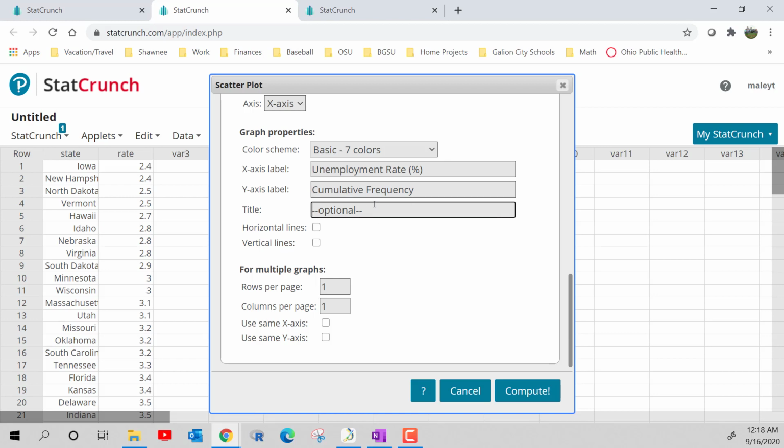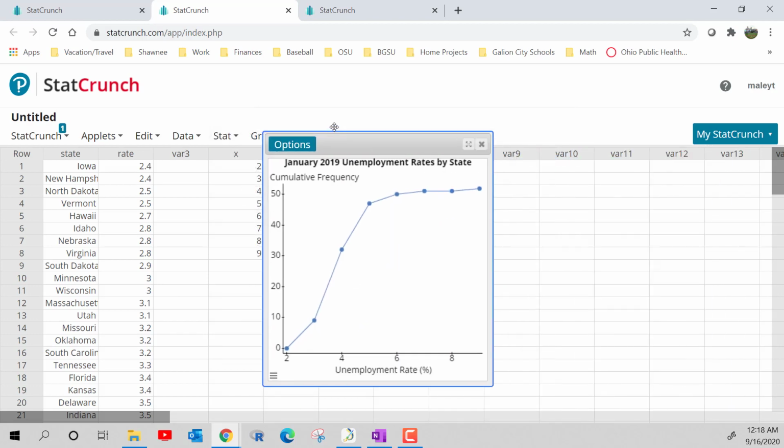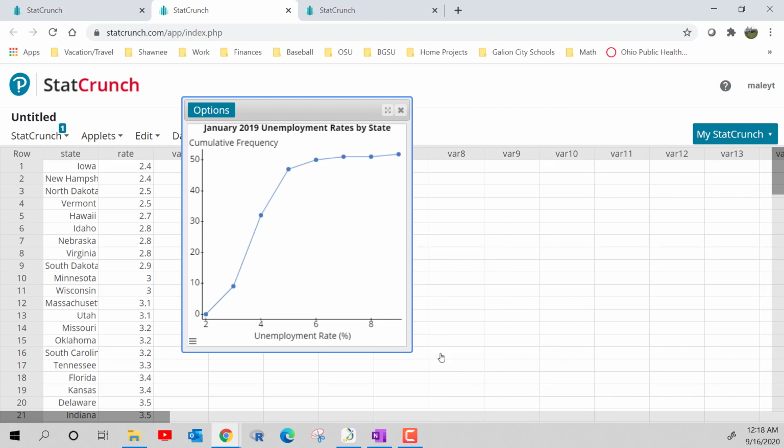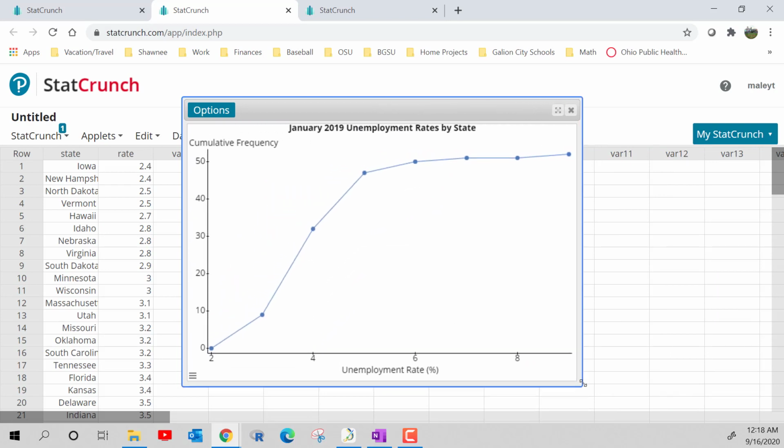And the title of the graph I left as January 2019 unemployment rates by state. Then I can hit compute, and that should give me that graph, which it did.